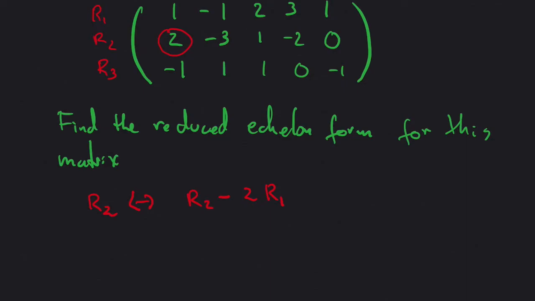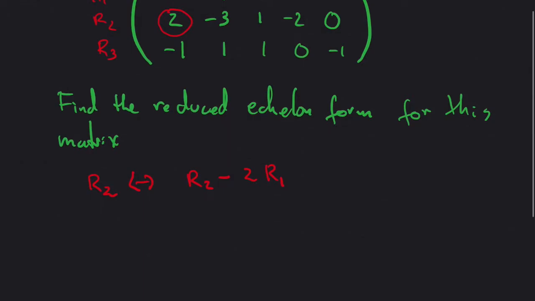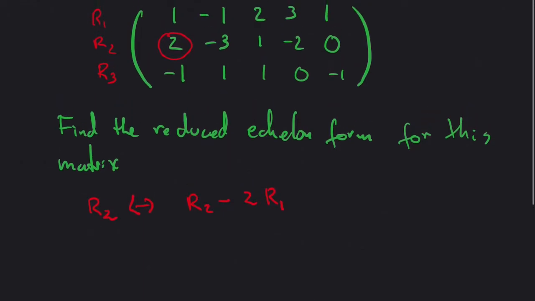By doing that, I'll definitely be getting rid of that 2 over there. So the row that I'll be substituting will be R2, which is 2 minus 2 times 1.